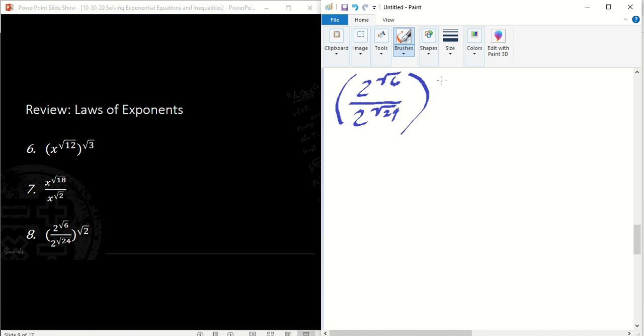Then, quantity raised to the square root of 2. So, kamukha ng number 7, yung nasa loob, kailangan pagbawasin natin yung exponent niya. So, you will just copy the numerator. So, 2 to the square root of 6 and then i-factor natin sa 24, na kailangan yung factor merong 6.